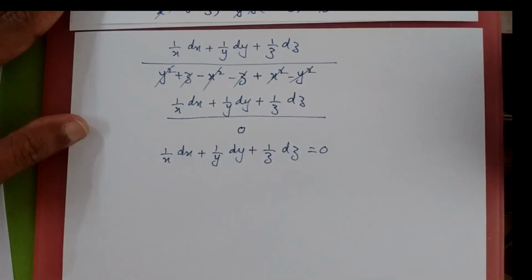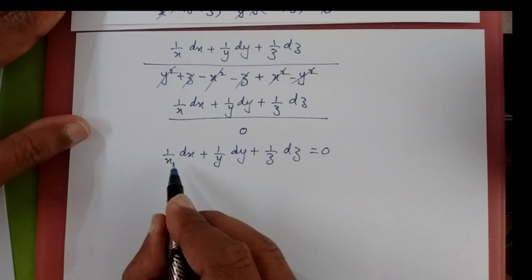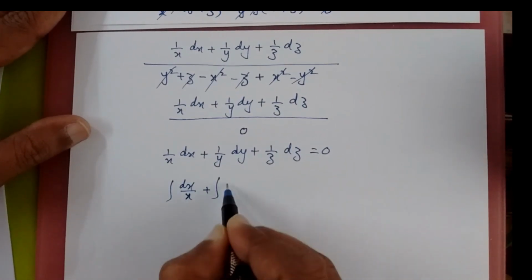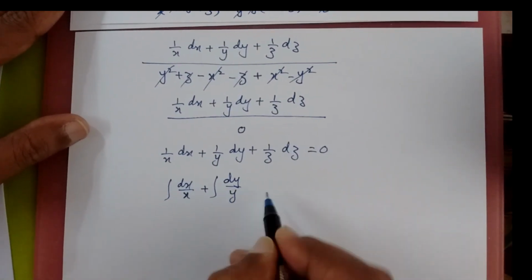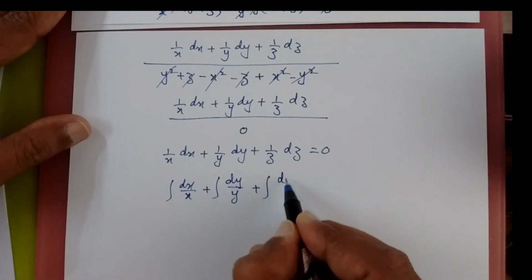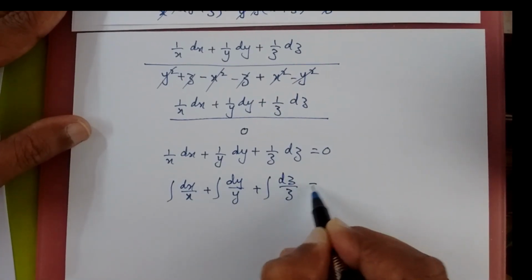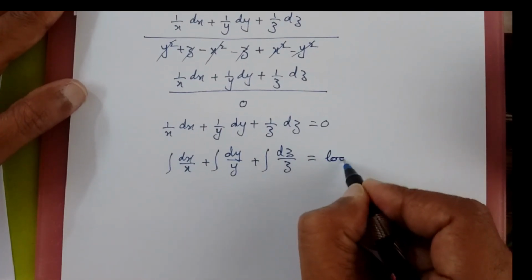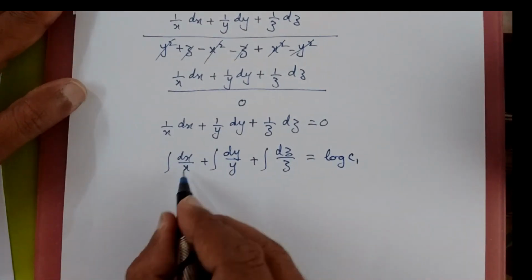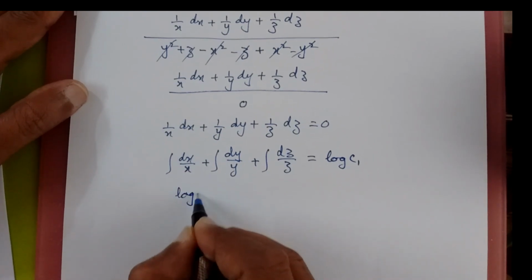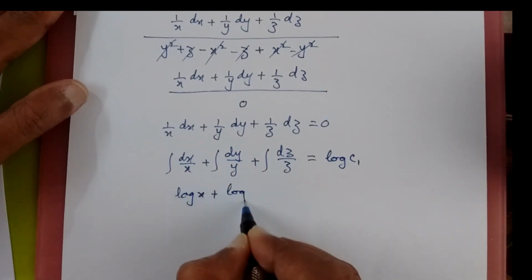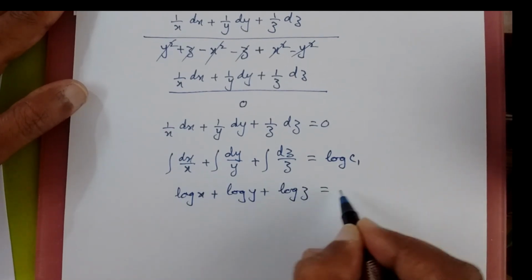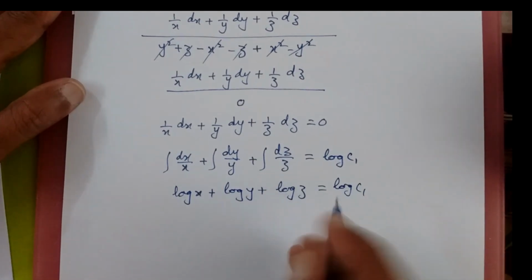So they are in the variable separable form, you can integrate it. So you'll get integral 1 by x into dx, which is nothing but dx by x, plus integral of dy by y plus integral of dz by z is equal to, so the constant of integration here will be log of c1. So this becomes log of x plus log of y plus log of z is equal to log of c1.